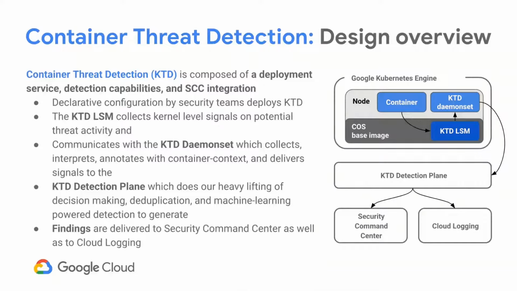With the daemon set, we become container aware and have a secure communication path from LSM to our backend, so that we know the signals we're receiving come from systems that we deployed, not systems that an adversary has deployed. And finally, with the detection plane running in the backend, we're able to do the heavy lifting, whether it's machine learning powered, whether it's deduplication, or whether it's just security decision making without using memory or compute on your endpoints.